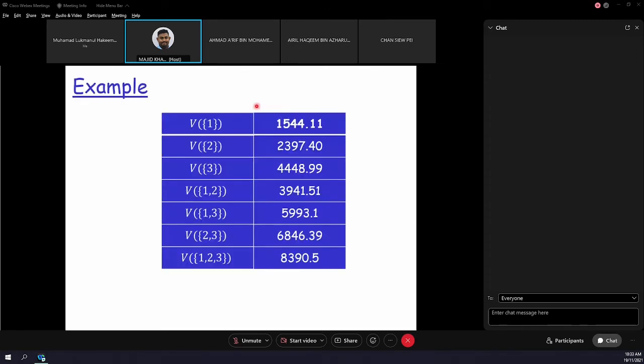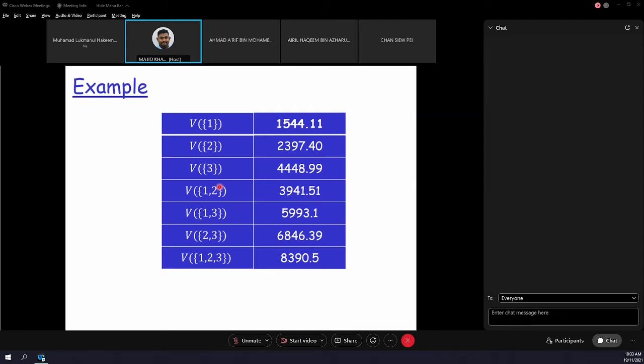We know the coalition of 1 and 2 is 3941.51.